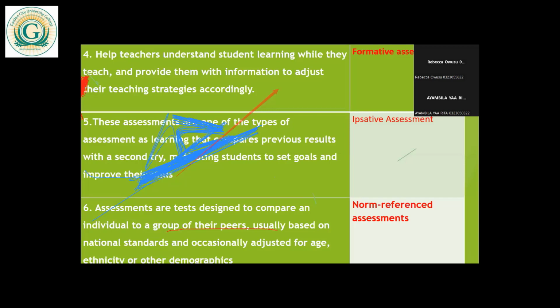So it is really not a perfect example of assertive assessment, because what is your first result, and the second one, how can you compare the two? It's about comparison of the results. So it is not a good example to give under assertive.